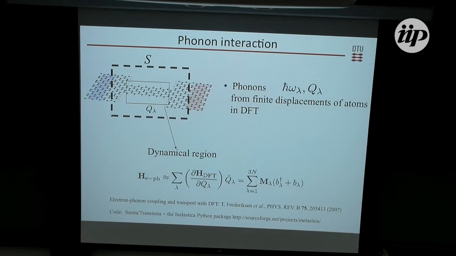And then we can make this region bigger in order to converge the calculation. And we can calculate the coupling to the phonons basically from DFT. It's just the derivative of the DFT Hamiltonian with respect to the displacements of the phonons. And you can transform that into this M here, which I will use repeatedly.